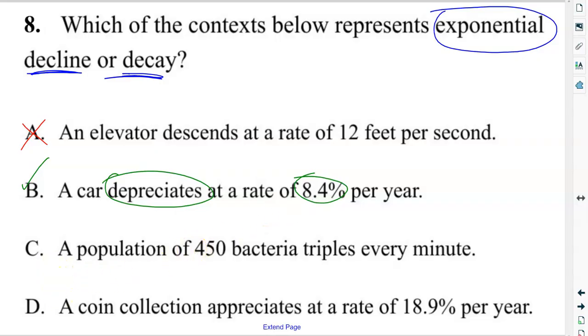Now let's take a look at these other options. C doesn't work because it triples, which means it's exponential, but it's increasing. And D is also exponential, but it's appreciating. It goes up. All right, let's take a look at another one.